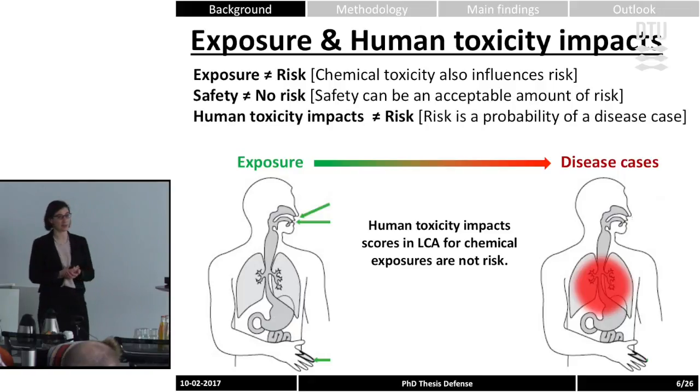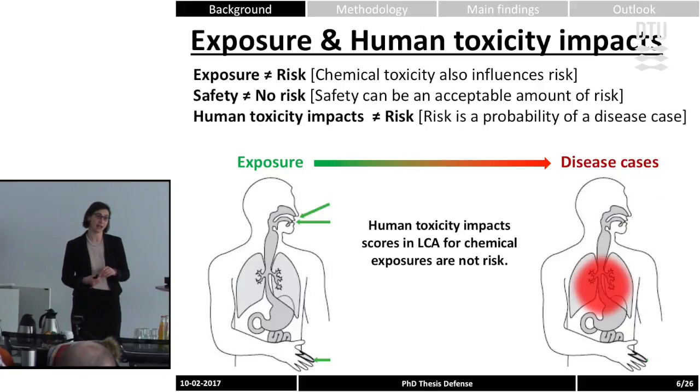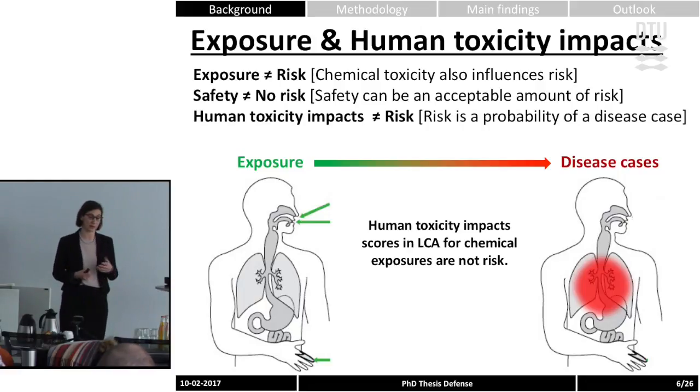Lastly, human toxicity impacts, which is what we call impacts in life cycle assessment due to exposure to chemicals in consumer products, are not equivalent to risk. They're not measuring the probability of disease cases. They're an indicator of potential toxicity that's extrapolated from animal toxicity experiments.